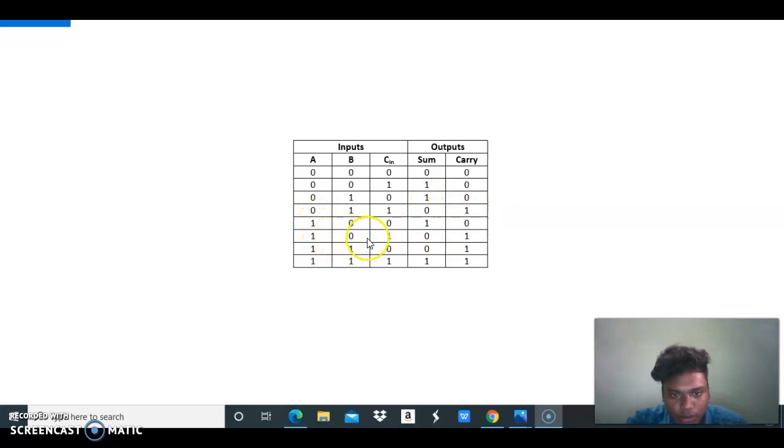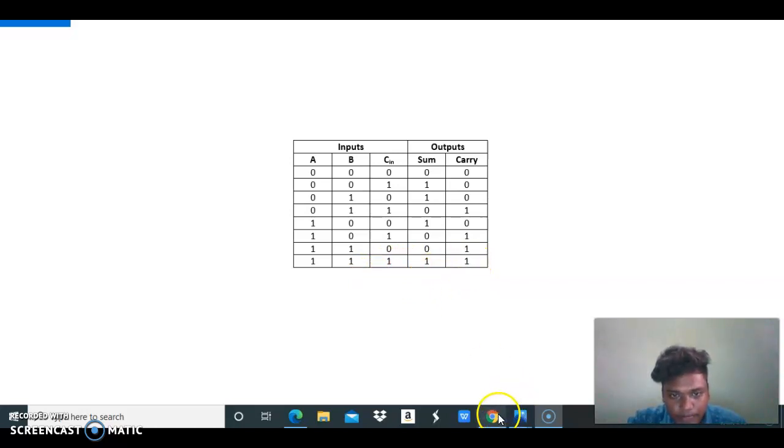Input 1 0 1 is sum 0, carry 1. 1 1 0 is 0 1. Then 3 inputs is 1 and output is 1 1.